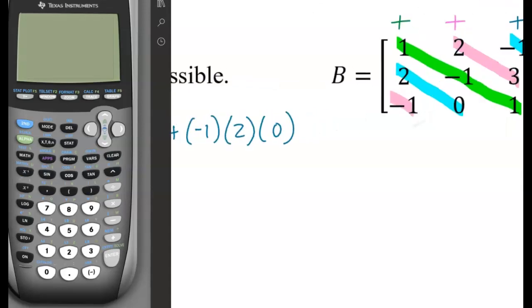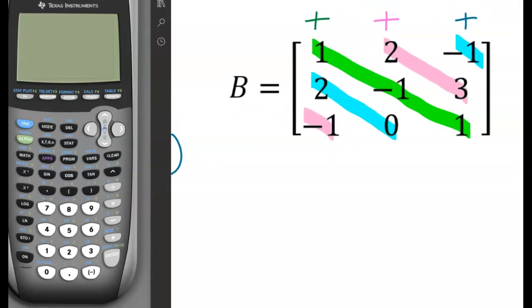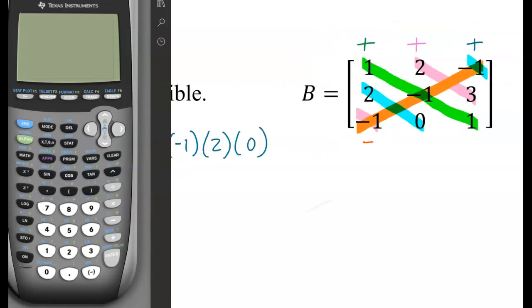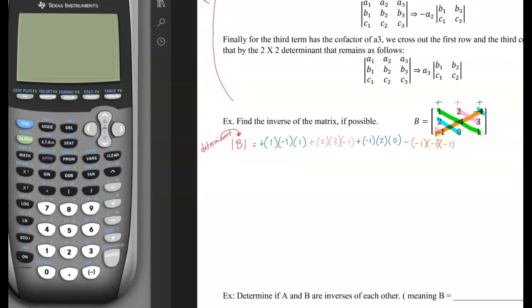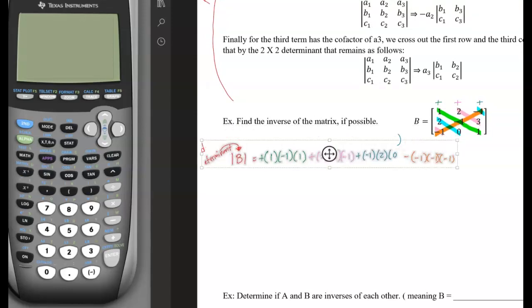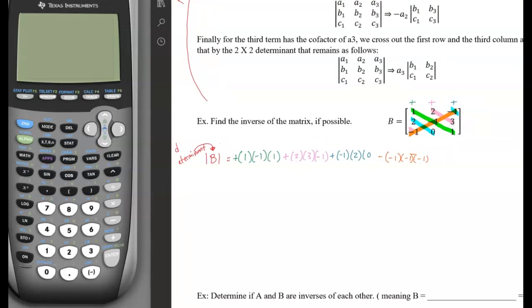Let's do orange. The major backwards-facing diagonal is this -1, -1, -1 diagonal. Because this is backwards-facing, this will be subtracted. -1, -1, -1.